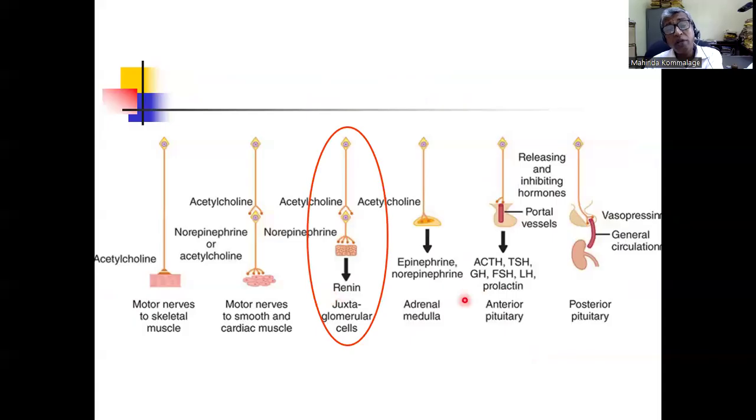So I think you have seen this earlier, how the brain controls different hormones, like I mentioned about the anterior pituitary action through the hypothalamus and so on. So here, renin is secreted from juxtaglomerular cells through sympathetic activation, as shown here, right? So that is one way the brain controls renin secretion and subsequently aldosterone secretion, right?